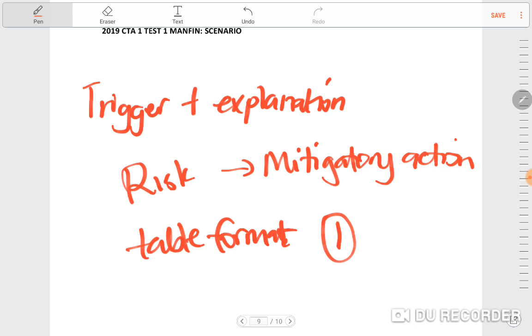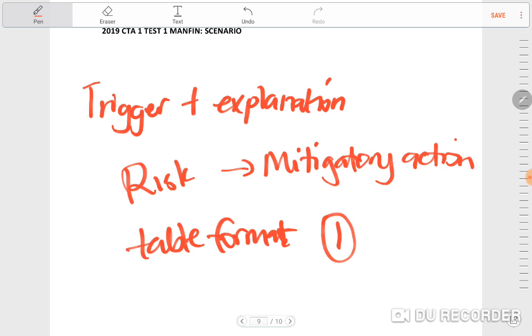So what you wrote, or the quality of the content that you wrote, was now being measured, and that is where the clarity of expression mark comes from. So for a student who managed to identify the trigger plus explanation and correctly match most of the risks to the mitigatory actions, that student was awarded the clarity of expression mark.